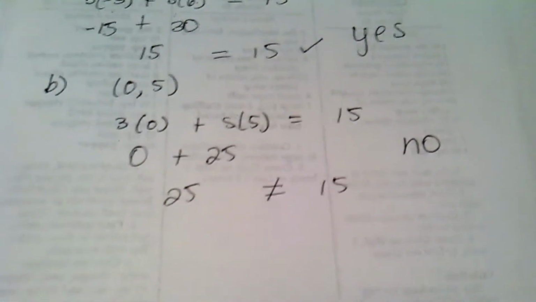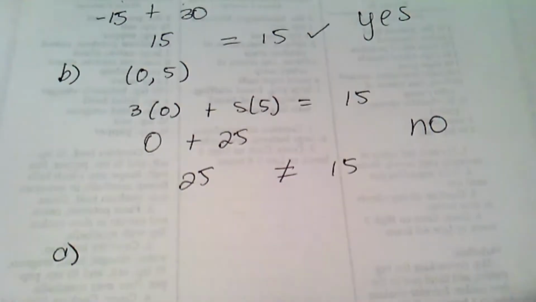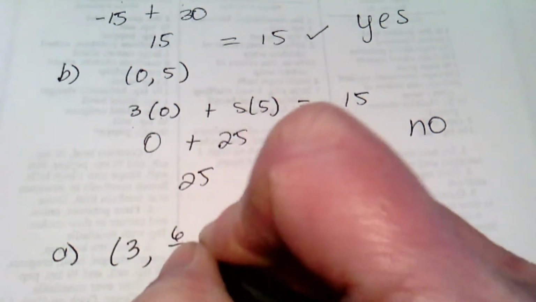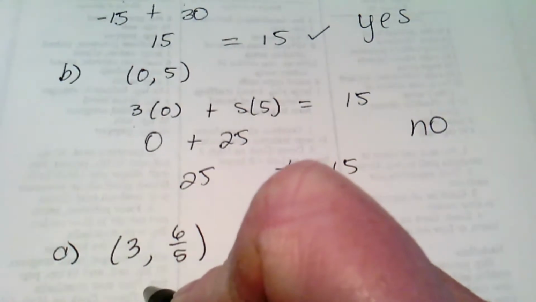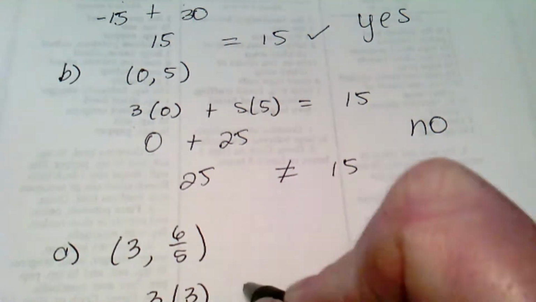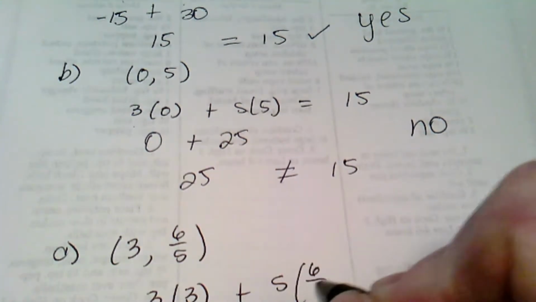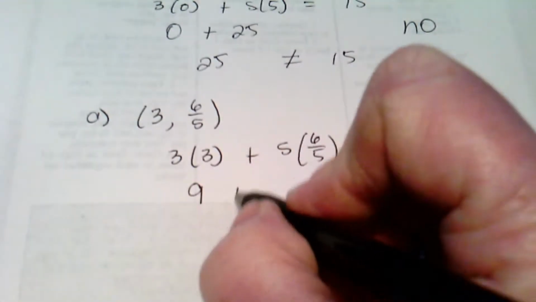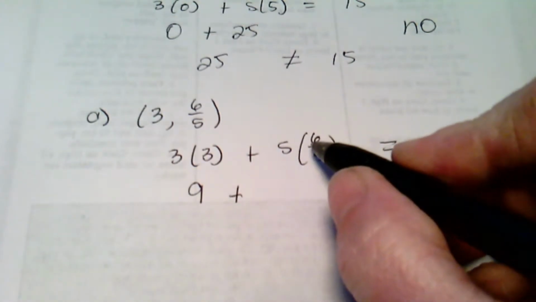Alright, C. C is 3 and 6/5. So 3 times 3, 5 times 6/5, and does that equal 15? So 3 times 3 is 9. Now remember how you do fractions.